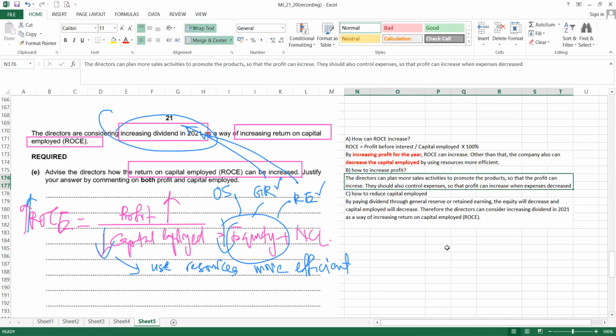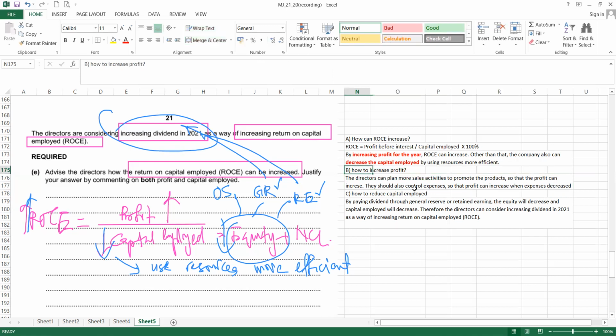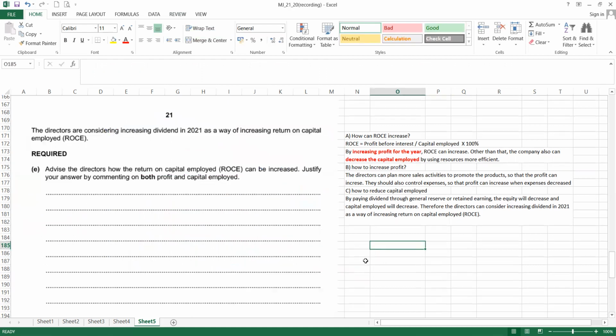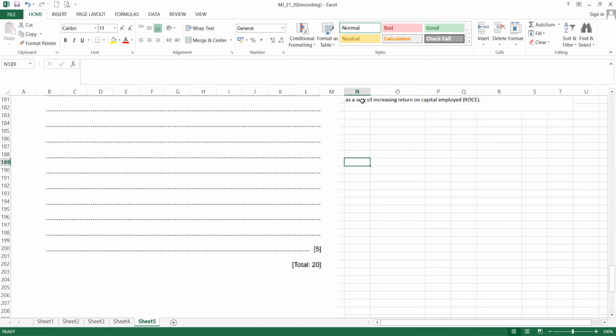When we see that the profit can be increased, this one is the sales activity, the profit will increase. This is the idea that we can put in for how to increase the profit and how to reduce the capital employed. Okay, let's see, still got any more? That's all for question 5.